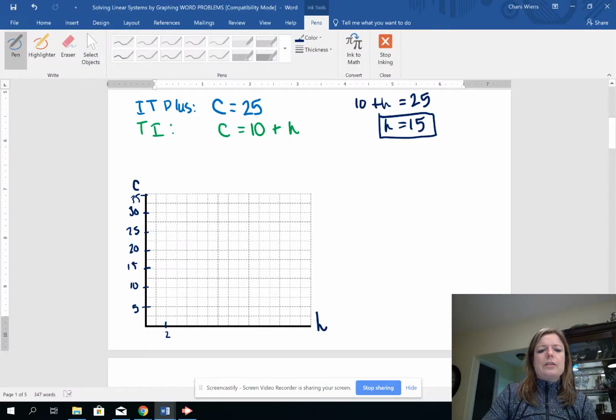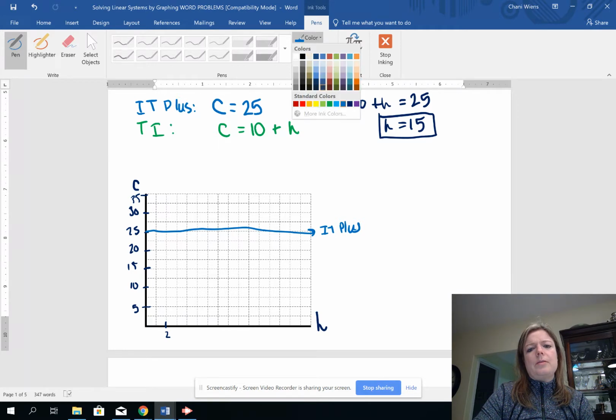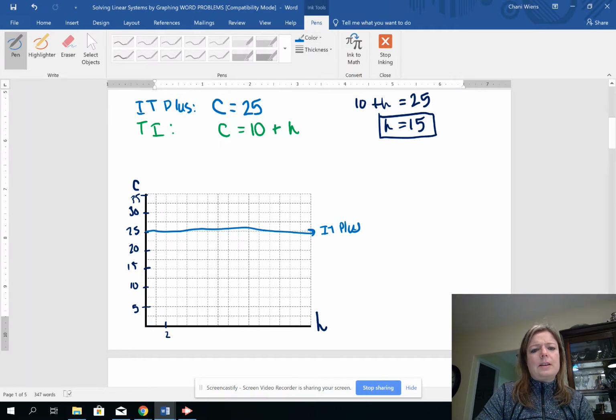So again, here the first one would just be a flat line at 25 with the ruler, and you can label that IT Plus. And then the other one would start at 10, since that's the y-intercept. And the slope is 1.